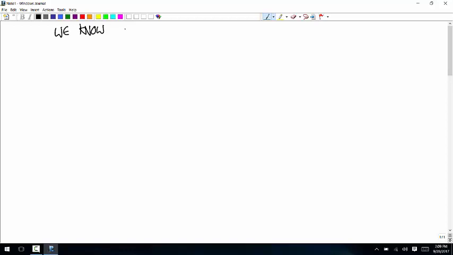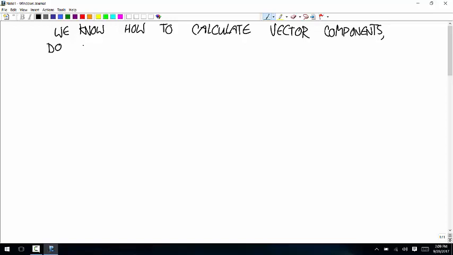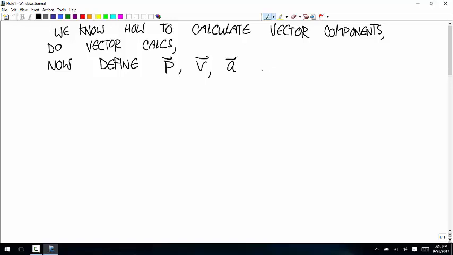So we know how to calculate vector components, and how to do vector calculations once we have them in components. So now we just have to define position, velocity, and acceleration as vectors.